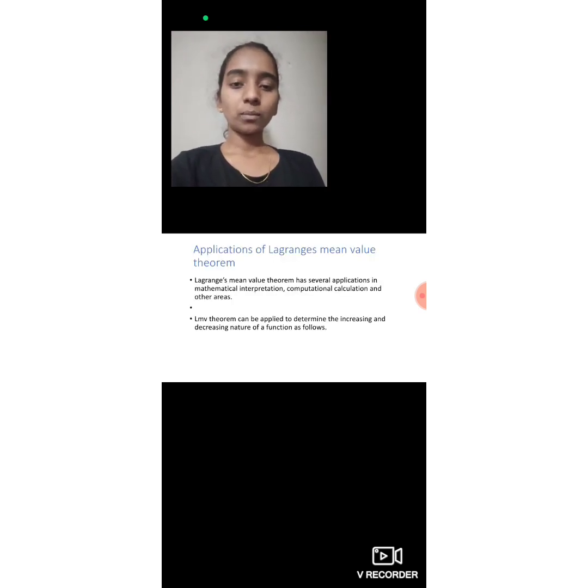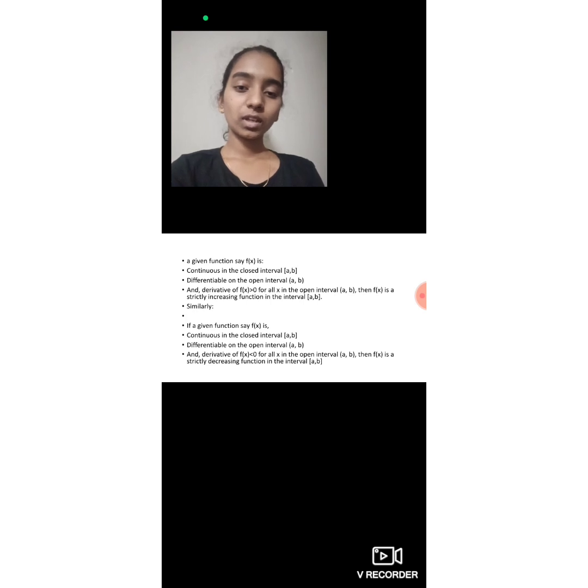Applications of Lagrange's mean value theorem. Lagrange's mean value theorem has several applications in mathematical interpretation, computational calculation, and other areas. It can be applied to determine the increasing and decreasing nature of a function as follows.